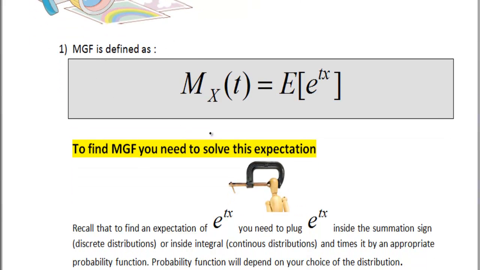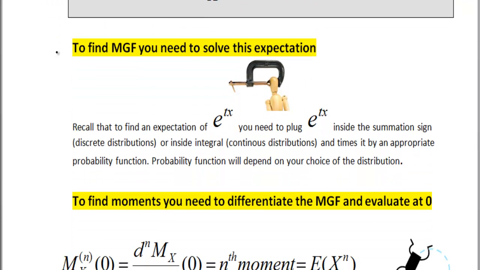Moment generating function is defined as an expectation of this function here, of an exponential function, e to tx. Therefore, to calculate moments, you have to do two things. First, you have to solve this expectation.